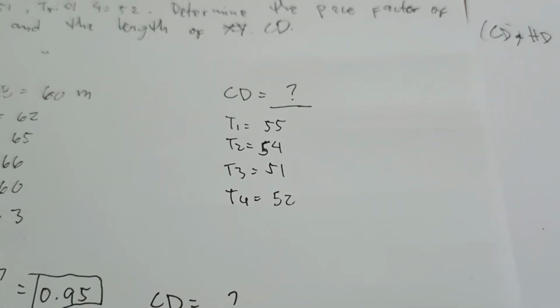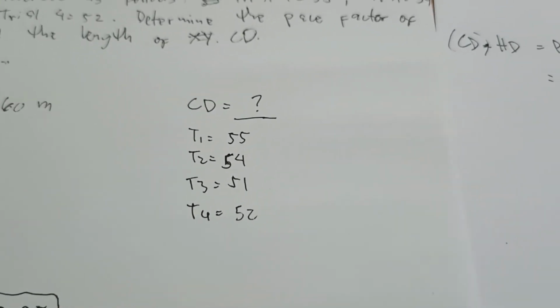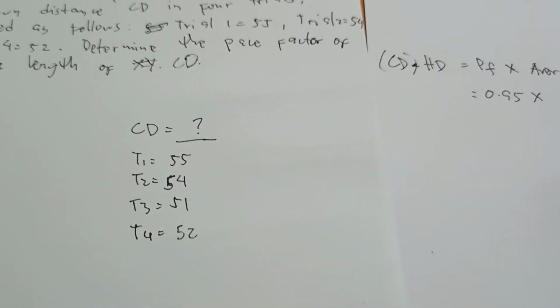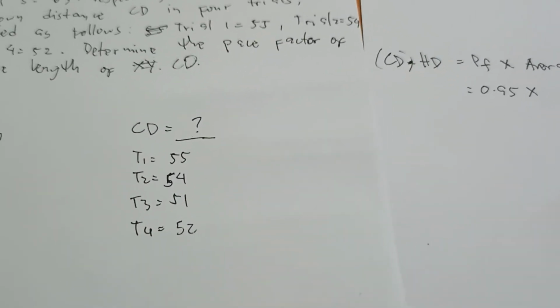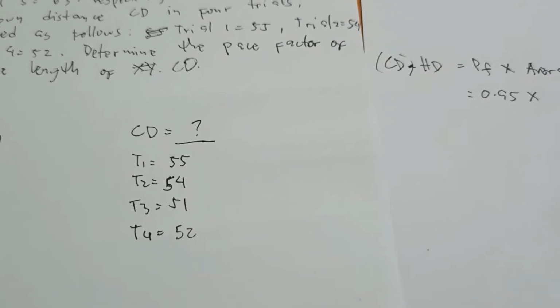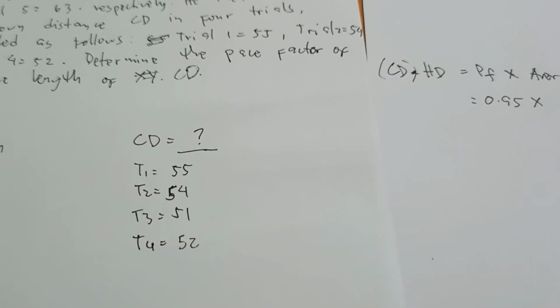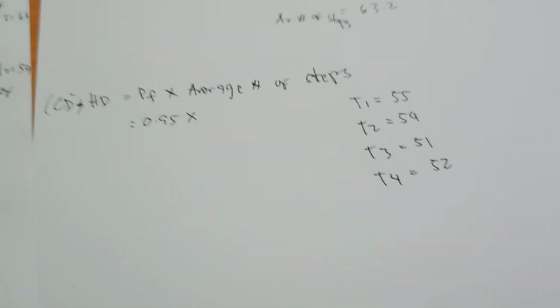So go back to the given. Write it again. T1 is equal to 55, T2 is equal to 54, T3 is equal to 51, T4 is equal to 52.